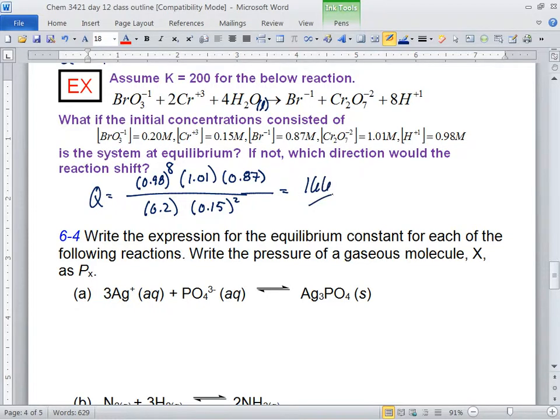But to do that, you've got to know how to raise this guy to the 8th power, right?